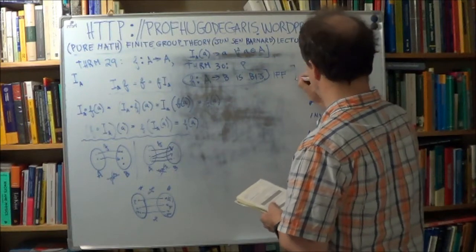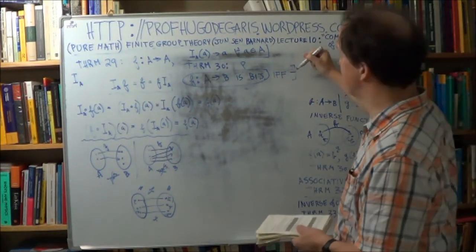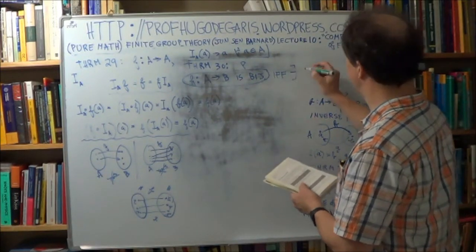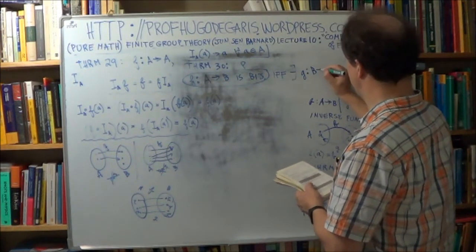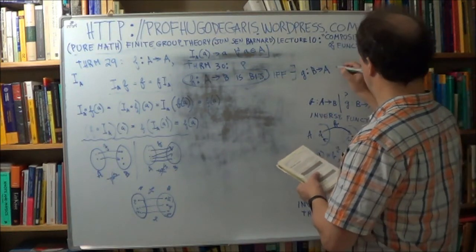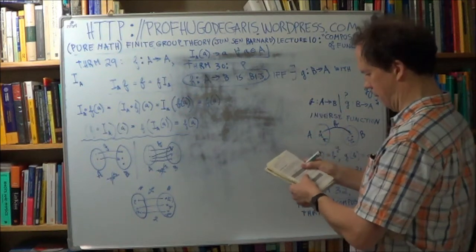Now if there is, that's like the reverse capital E, like mirror image. So if and only if there is a function G that maps B back to A, right, with the following properties.